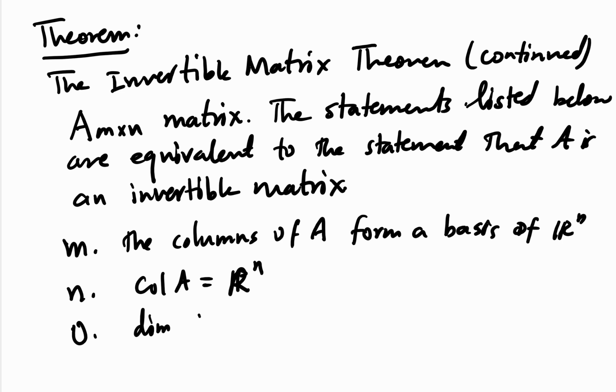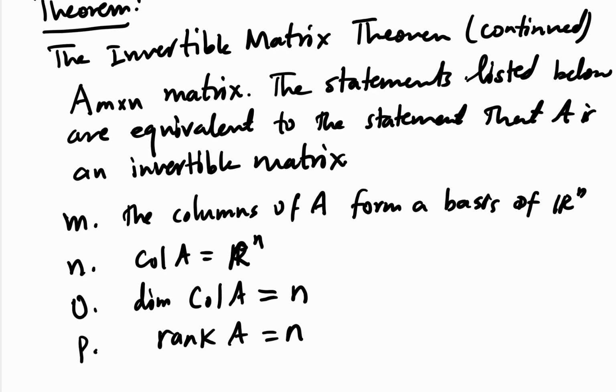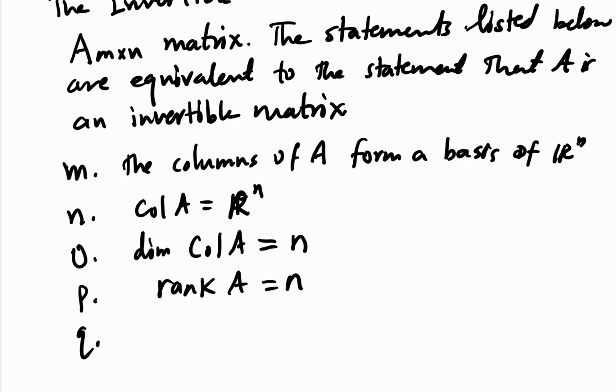The dimension of the column space of A is n. The rank of A is n. The nullity of A is 0, the null space of A is just the zero vector.